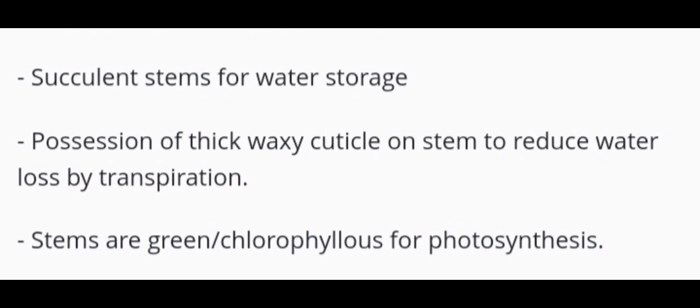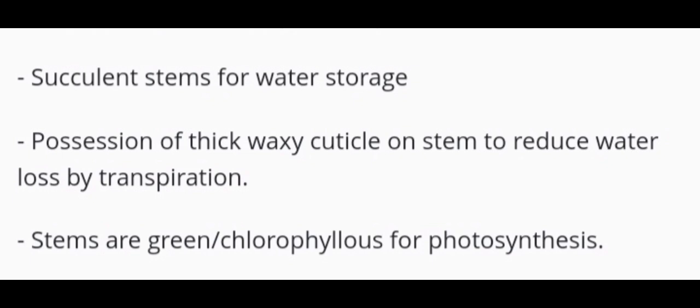Succulent stem stores the water, and then the thick waxy cuticle on the stem is to reduce water loss by transpiration, and the stems are green and chlorophyllous for photosynthesis. All right, so these are the characteristics of cactus plants and water lettuce.